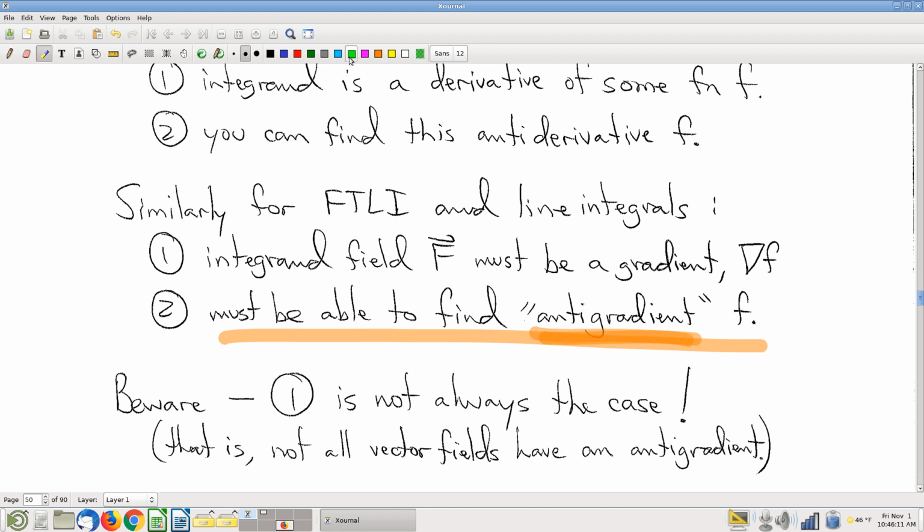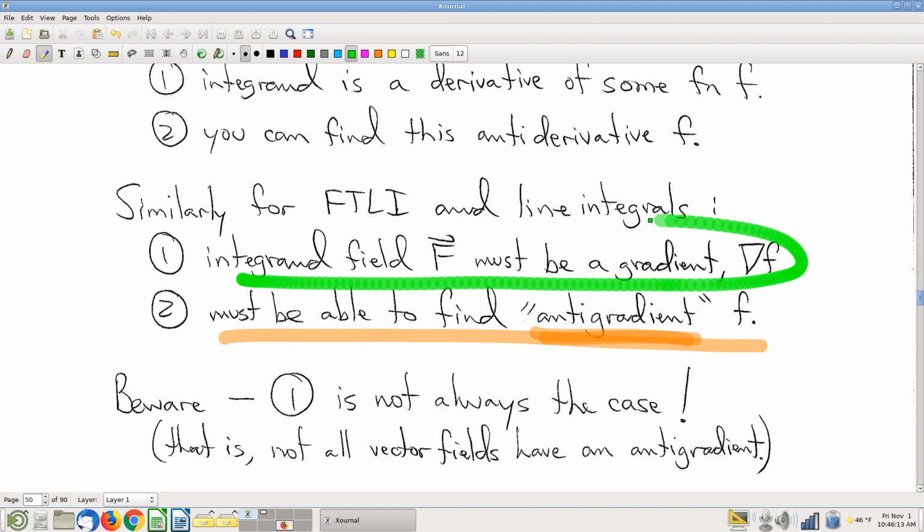But unfortunately, it also has to, of course, be a gradient of something. So not everything has an anti-gradient is the punchline I'm coming up to. Even though every continuous function has an antiderivative, not every nice vector field even has an anti-gradient. So that's something we're going to have to watch out for.